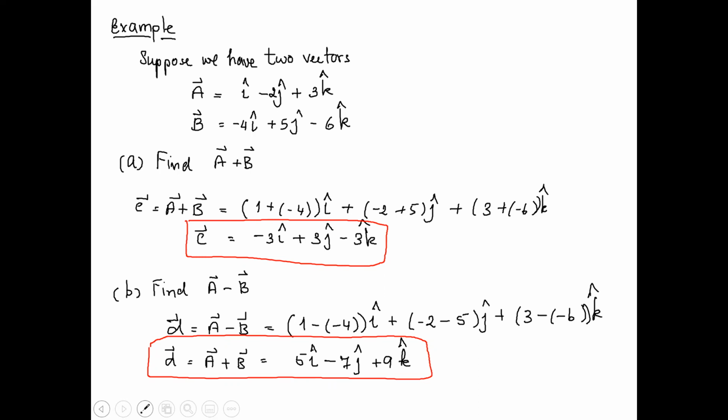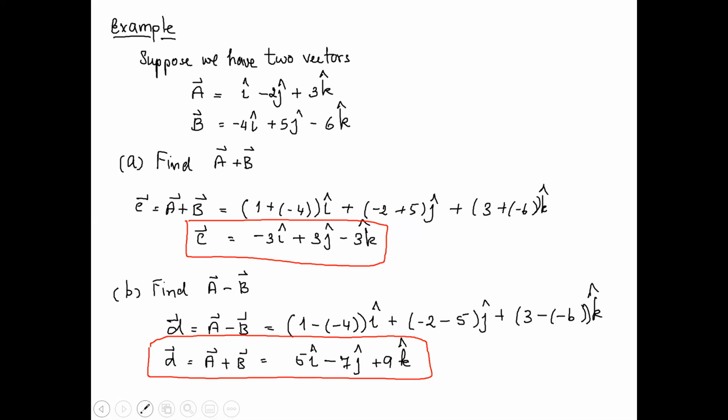The result: 1 plus minus 4 is minus 3, so minus 3i, plus minus 2 plus 5 is plus 3, so plus 3j, and then plus 3 minus 6, or minus 3k. So that's the addition. You can just do it directly.